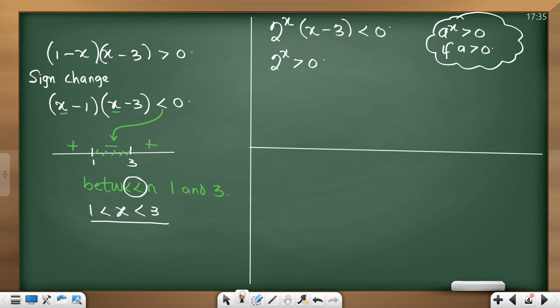So look at what this examiner is trying to tell us. The examiner wants us to get a negative answer by saying less than 0. But already I am saying this one is greater than 0, so that's positive. It therefore means that x minus 3 can only be less than 0, so that a positive multiplied by a negative would give us a negative.